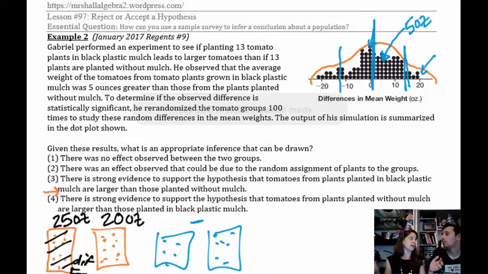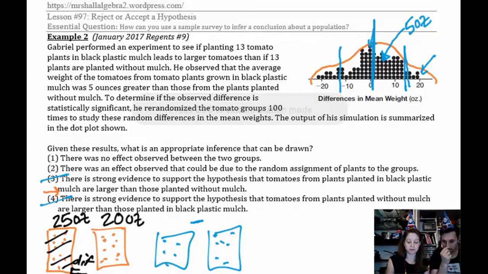So it's likely that that could just happen by chance. Yep. So remember, anything that happens within the 95% confidence interval is something that can happen randomly or normally. So it is very normal that if we group these tomato plants however we want to group them, we get a 5-ounce difference. Okay, so there is not strong evidence to support his hypothesis.